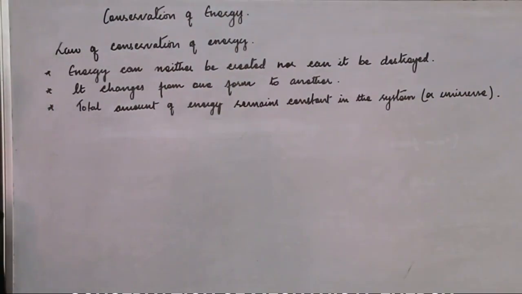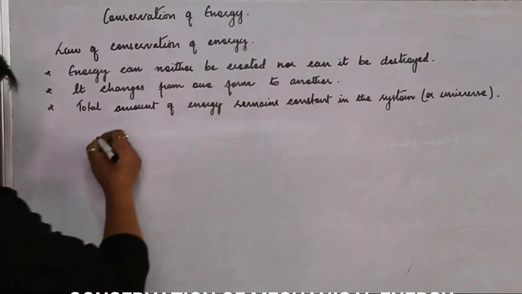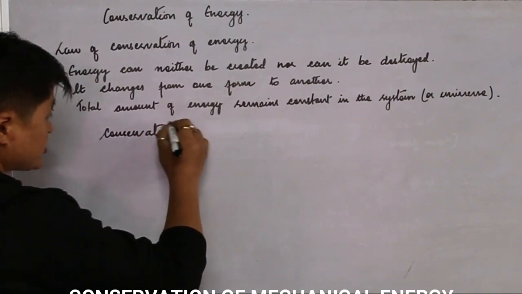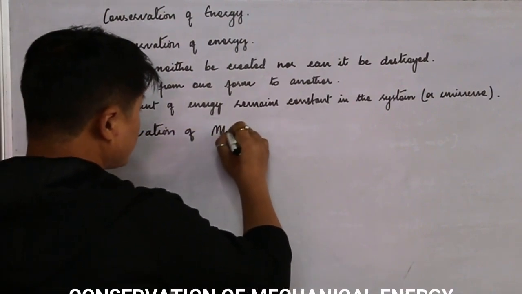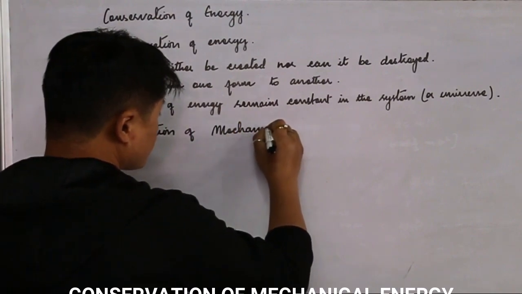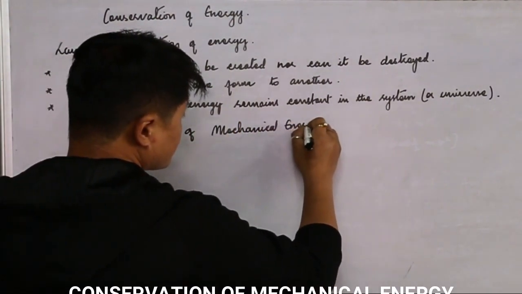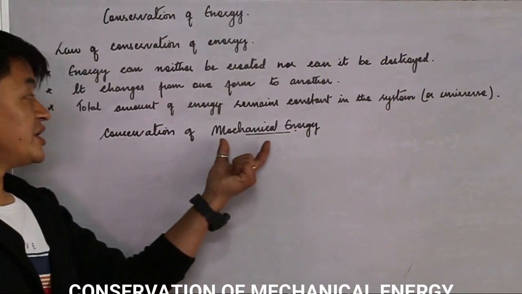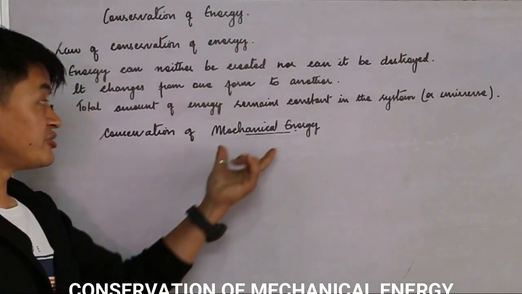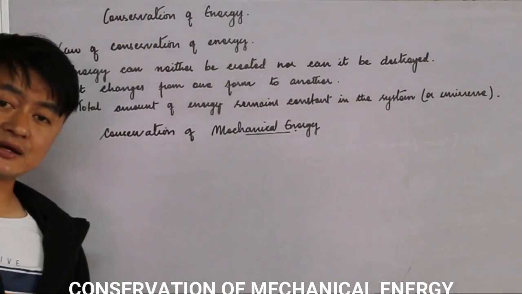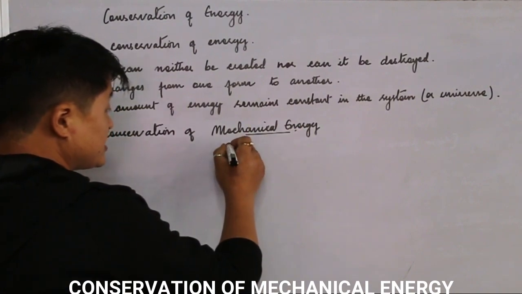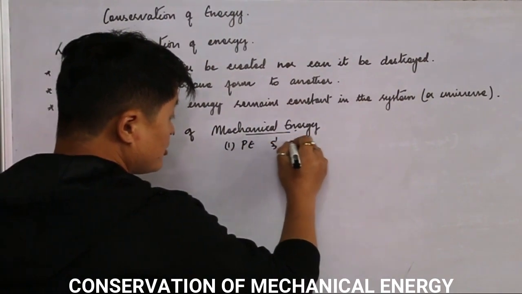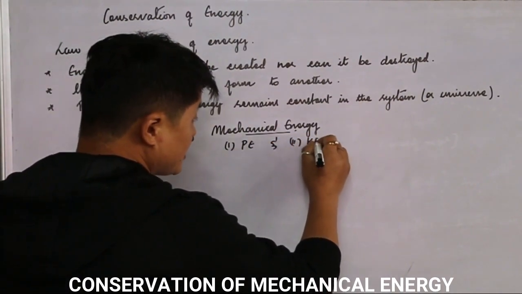For the conservation of energy, as per our syllabus, we will do conservation of mechanical energy. In simple words, the energy possessed by a body due to its rest or motion is mechanical energy, and mechanical energy we have in two forms: potential energy and kinetic energy.